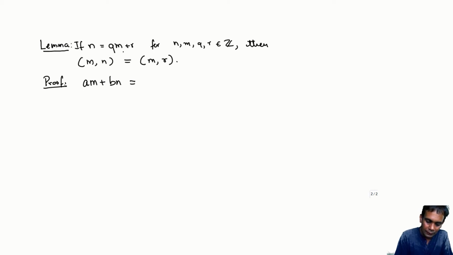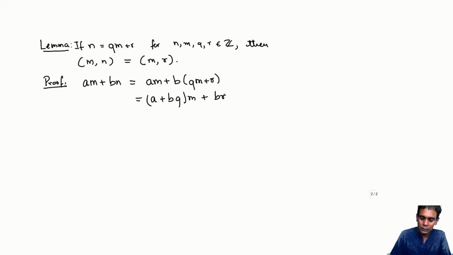But now n is qm plus r, so I can write this as am plus b times (qm plus r), which is (a plus bq) times m plus b times r. If I call this a prime and b prime is b, then this is of the form a prime m plus b prime r. So this belongs to the ideal generated by m and r.